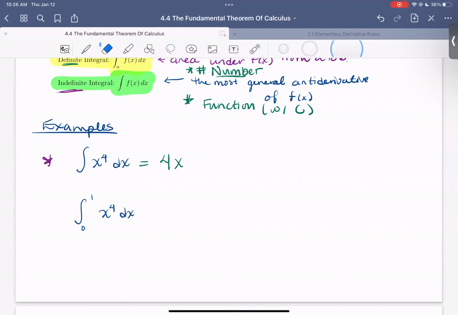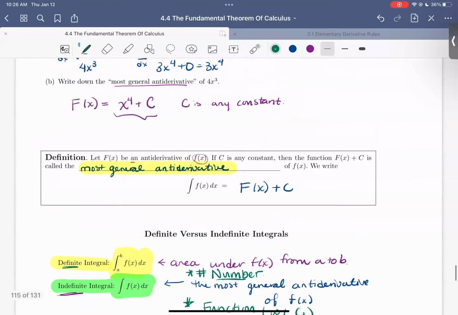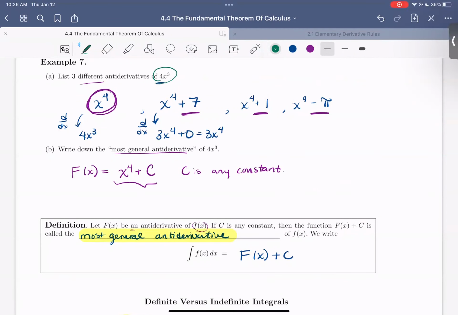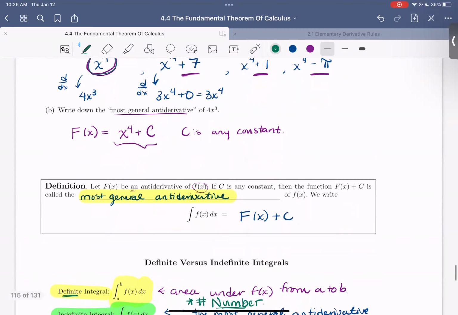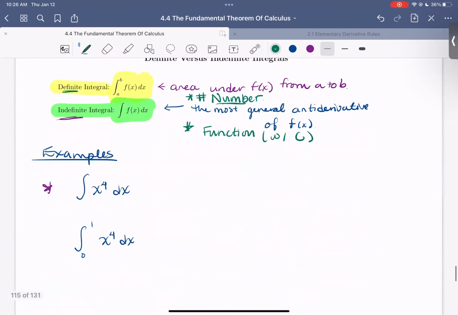This is slightly different than the example we saw in 7. In 7, we were looking for an antiderivative of 4x cubed, and that antiderivative happened to be x to the fourth. But now we're looking for an antiderivative of x to the fourth. And that's okay. That's going to look similar. It's going to be x to the fifth over 5, using that power rule, plus c.